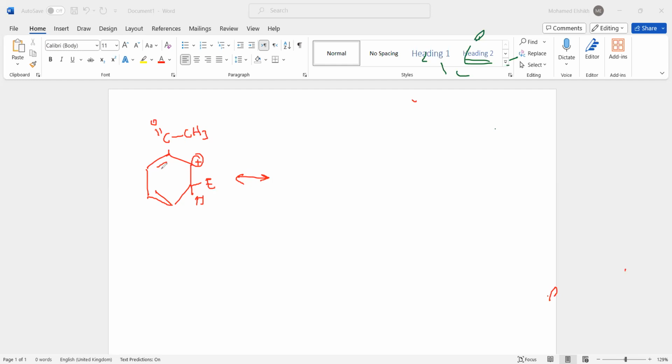To start with, there is a probability that this one will form a bond here, and this will break into that direction.